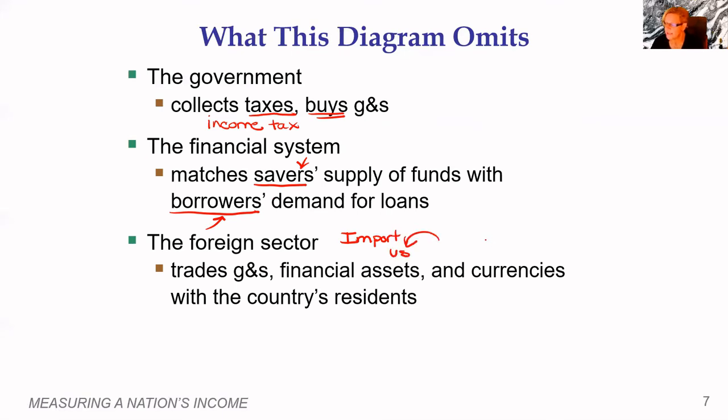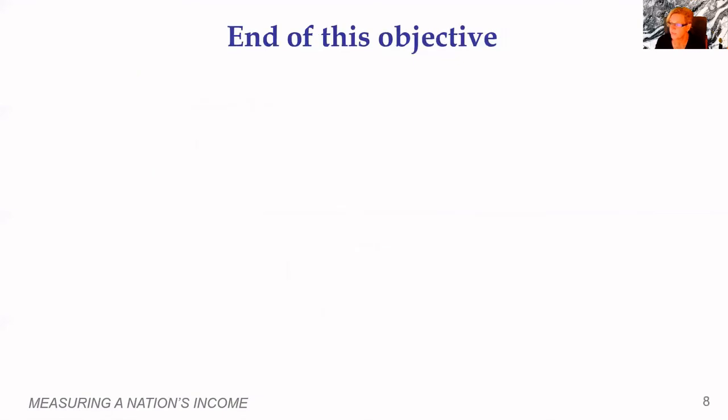If we sell things to other countries, that's an export, because it's leaving the US for some other nation like China. We're going to be adding those in, particularly when we talk about the gross domestic product. That's the end of our first objective.